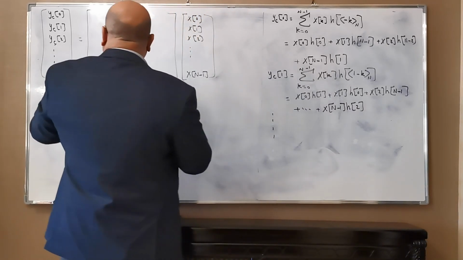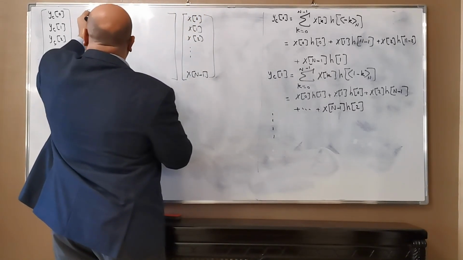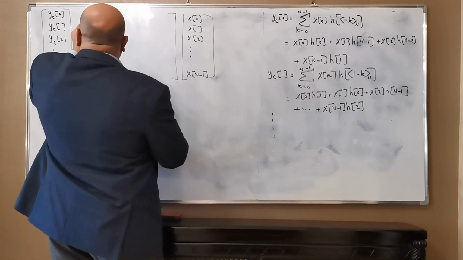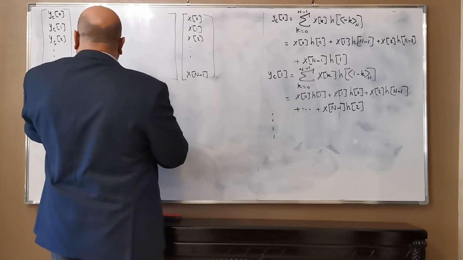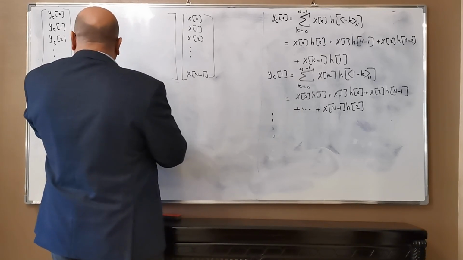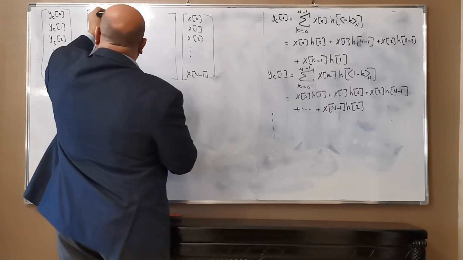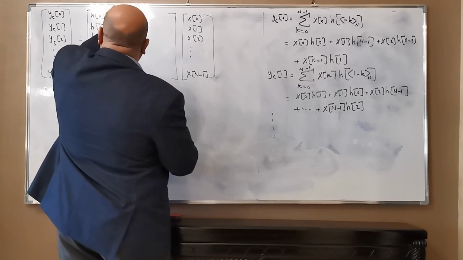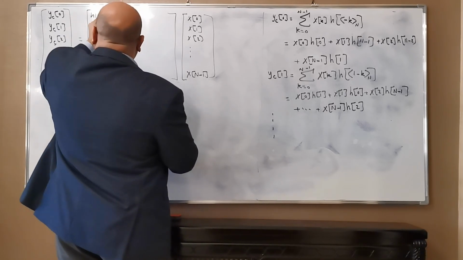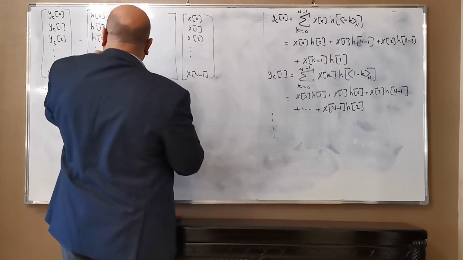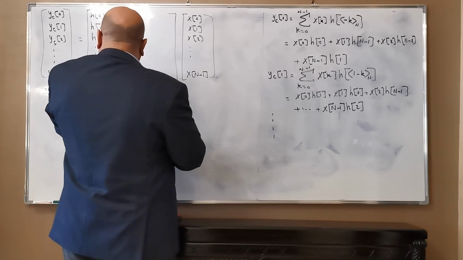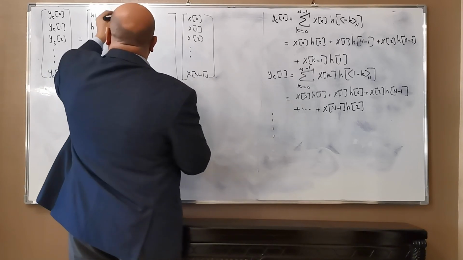And you can figure out that the first column here will be h of 0, h of 1, h of 2, up to h of n minus 1. Then the next one goes down: h of n minus 1, h of 0, h of 1, up to h of n minus 2.